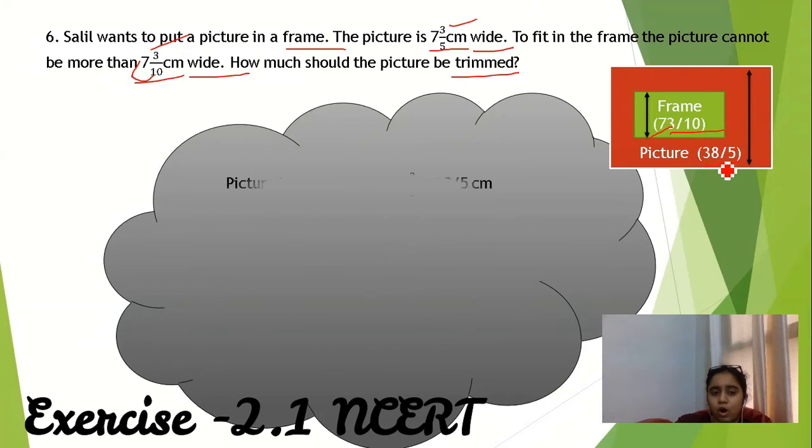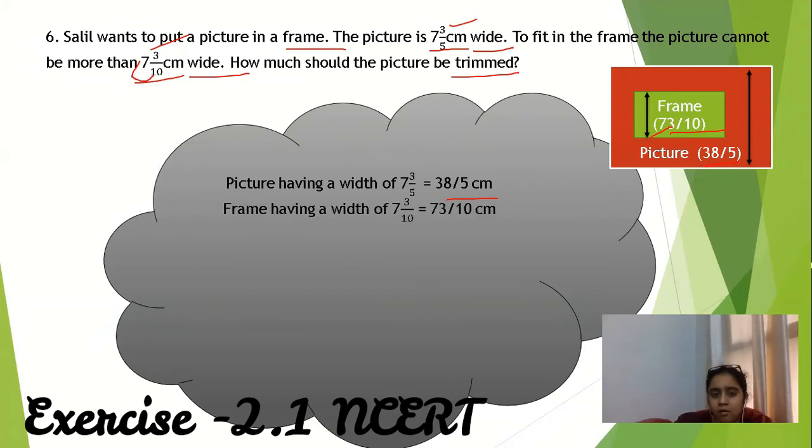So how will we do this? The picture having a width of 38 upon 5, that we already know, and the frame having the width of 73 upon 10. Suppose if we cut this part from this bigger part, from this picture width, we will find out this width.